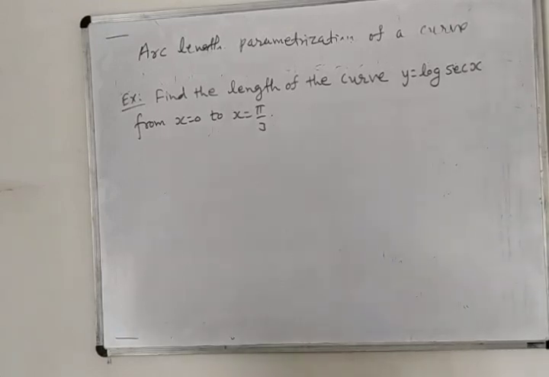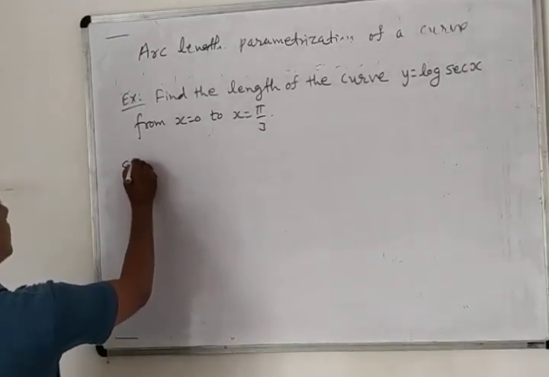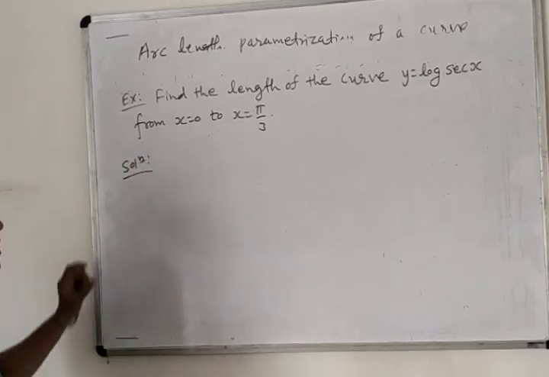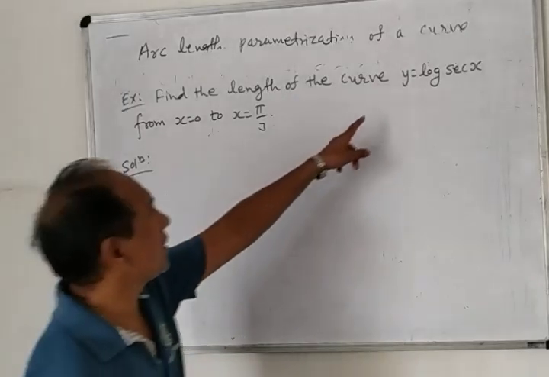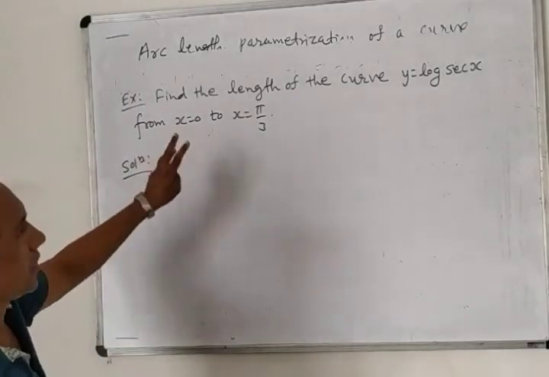So here see, nothing is written about vector. We are given simply the function y equal to f of x and the limits are given.